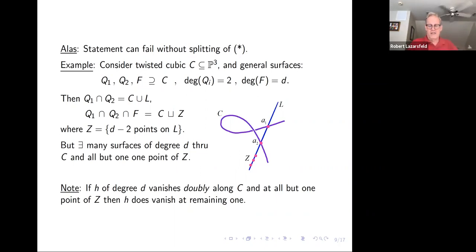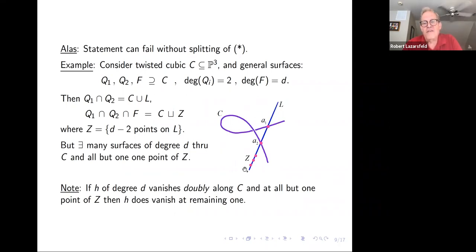So what's the situation there? I remind you that if you take 2 quadric surfaces through a rational normal curve, they intersect in the curve together with a secant line L meeting the curve at 2 points. So Q1 intersect Q2 is this curve C plus this line L meeting the curve at 2 points. And when you intersect that whole thing with a general surface F of degree D, what do you get?